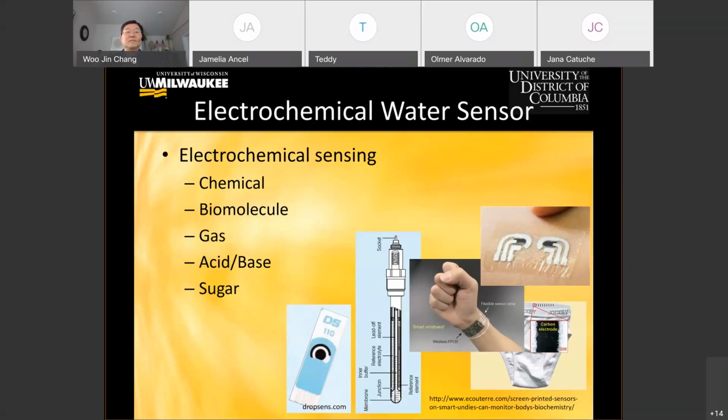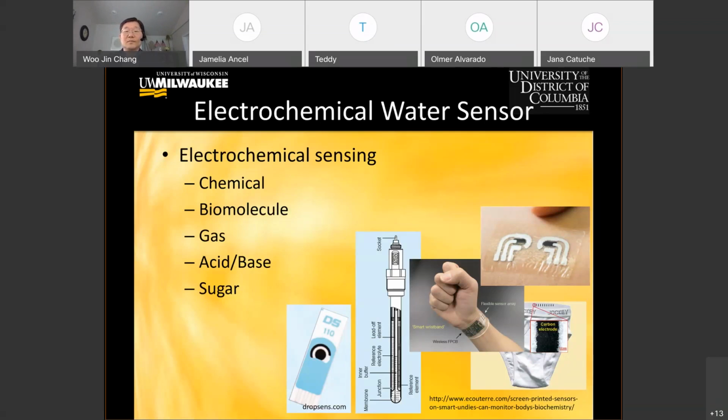This electrochemical sensing is applied for many different target molecules, chemicals and biomolecules and so forth. And many different reaction systems are used in this electrochemical sensor.